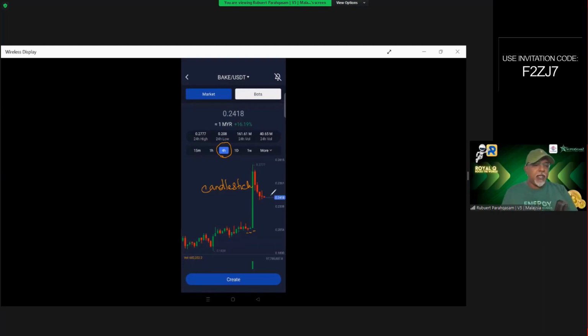Okay. If I tap on 1 day, this is how the market behaved each day. General uptrend. Or you can look at 15 minutes, 1 hour. This chart gives you an idea of what is really happening, but this is still not very powerful when it comes to analysis.